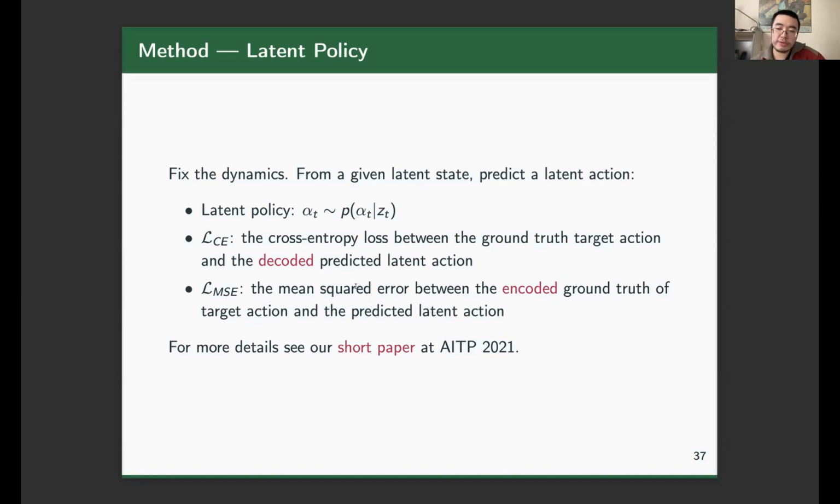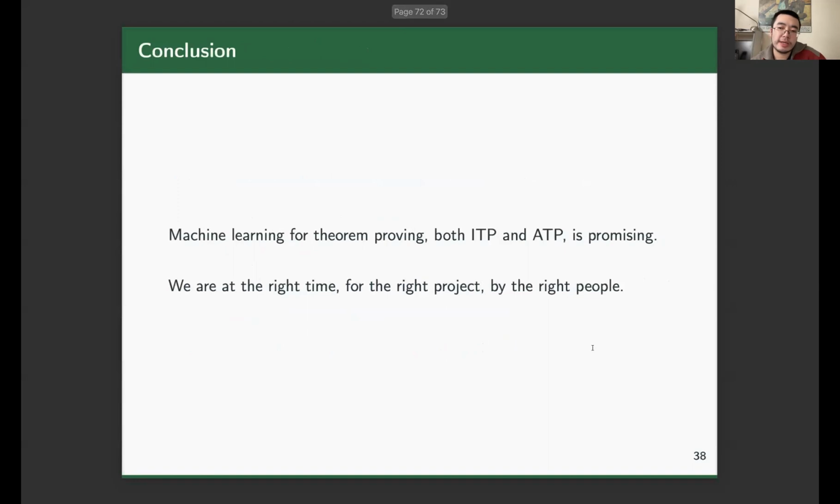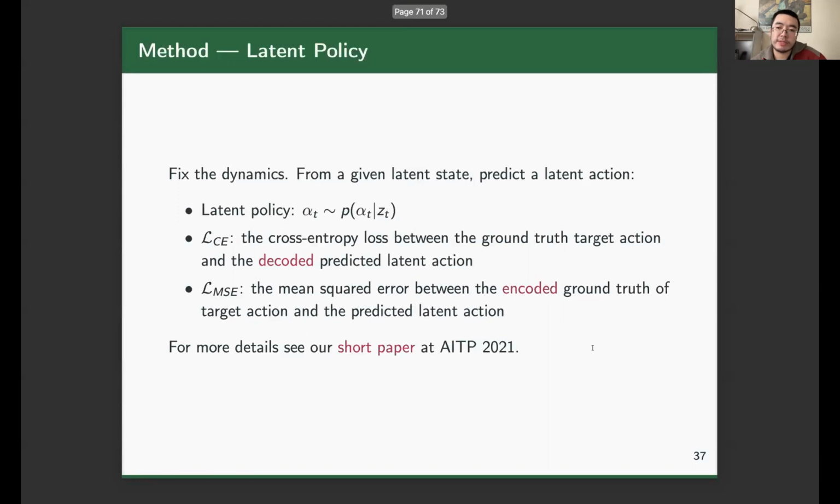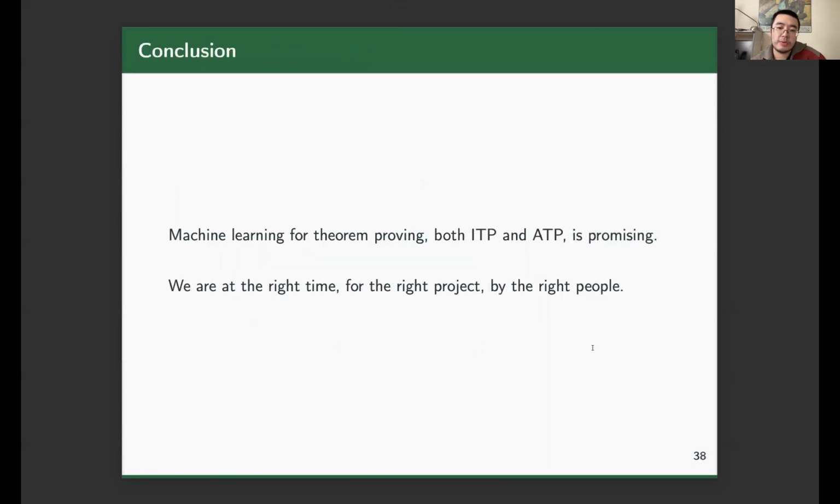It is still work in progress. We know that such a model is learnable, but we still haven't had great success in finding a latent policy. But this is the current state of the art, and this is what I wanted to talk about today.